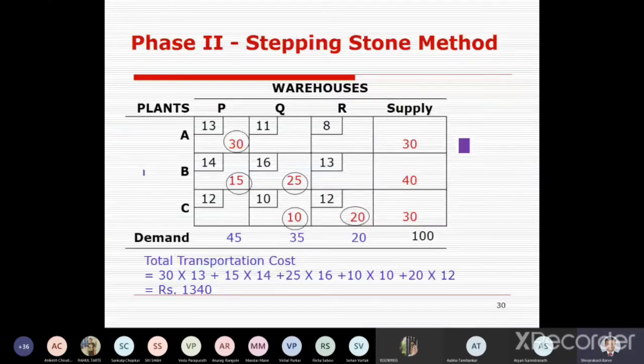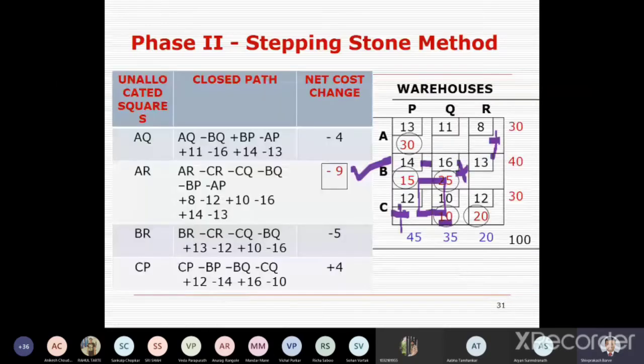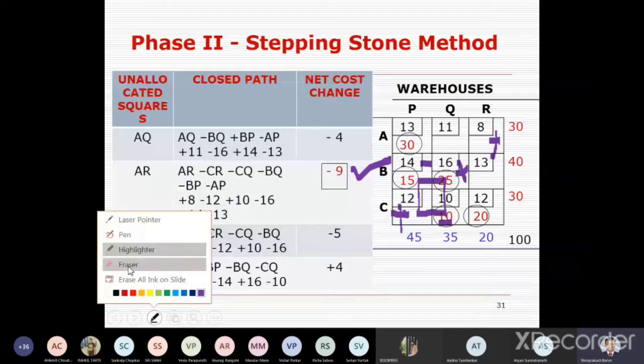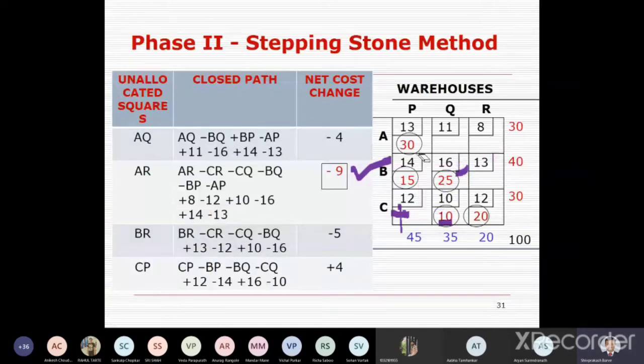And we have seen that the total transportation cost we got for the previous solution is 1340 rupees. Now we want to check this solution. Finally, we got the indication that it will be more beneficial if we shift the units to AR.